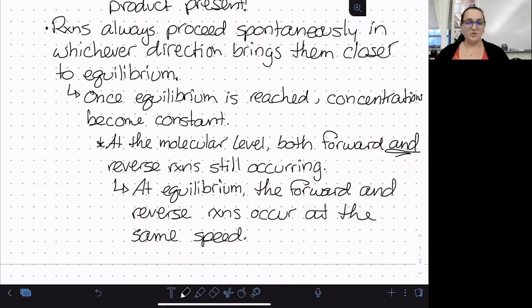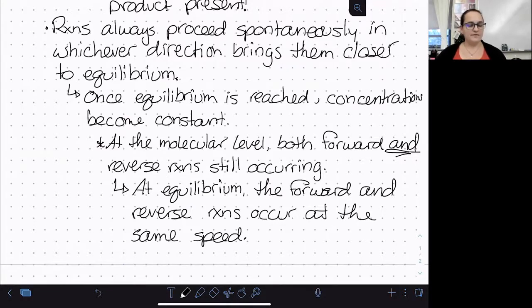This is what is equal at equilibrium. People often get confused based on the name that, at equilibrium, there should be equal amounts of stuff, right? No, almost never do you have equal amounts of reactants and products at equilibrium. What you do always have that is equal at equilibrium is the rates of the forward and reverse reactions.